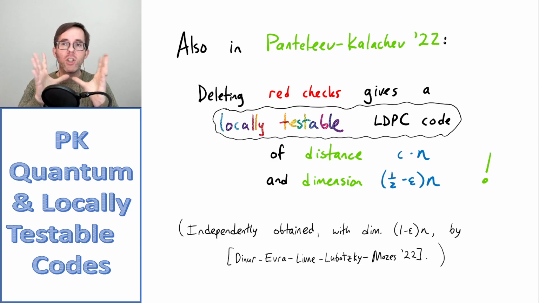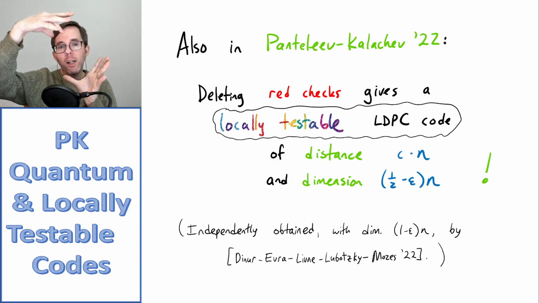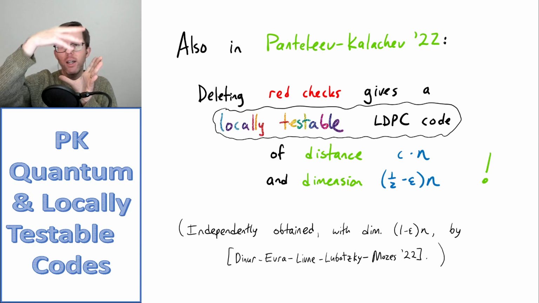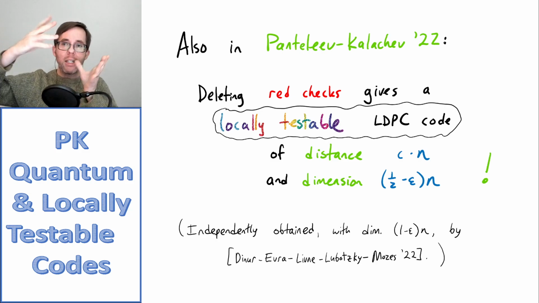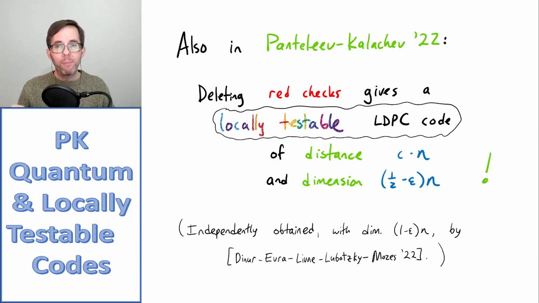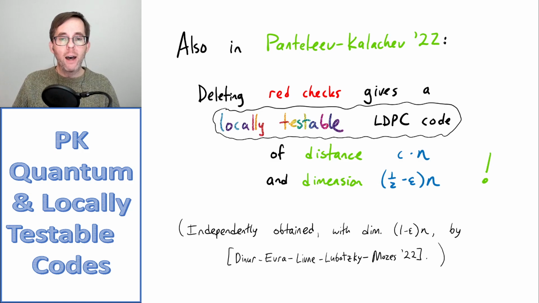They just need to construct the LTCs in the classical case. So they have the blue checks, and the red checks are not really a necessary component of the code. It just helps them organize the red checks to ensure that we have a locally testable code. But for the quantum LDPC codes, everything needs to be perfectly symmetrical, and this is why the construction is a little bit more involved, and perhaps also why they only get dimension close to a half.